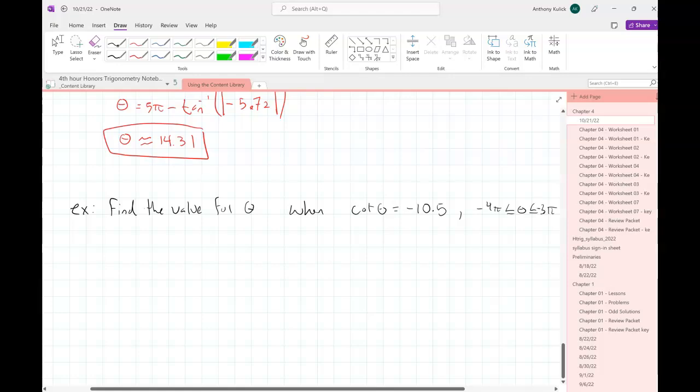So find the value for cosine theta where cotangent is equal to negative 10.5 and theta is between negative 4 pi and negative 3 pi. Put like 5 minutes on the clock and then we'll go through where we get to. Okay?